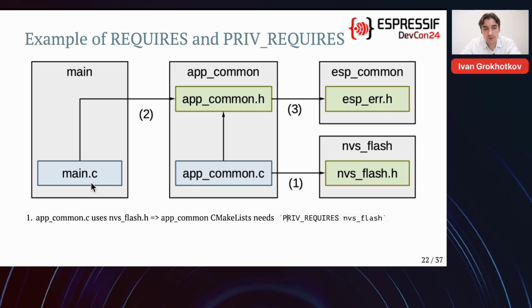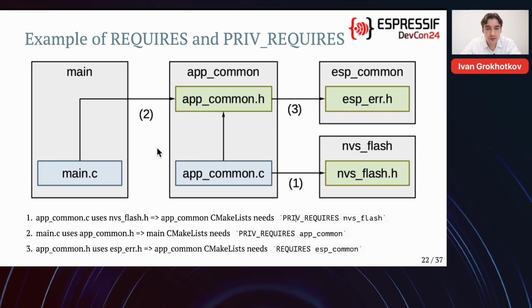The second requirement is from main.c to app_common.h. If main.c calls a function defined in app_common.h, it's very similar: the CMakeLists file of the main component needs to have PRIV_REQUIRES app_common to declare this dependency.